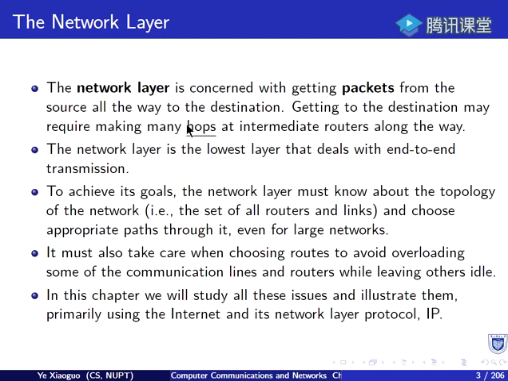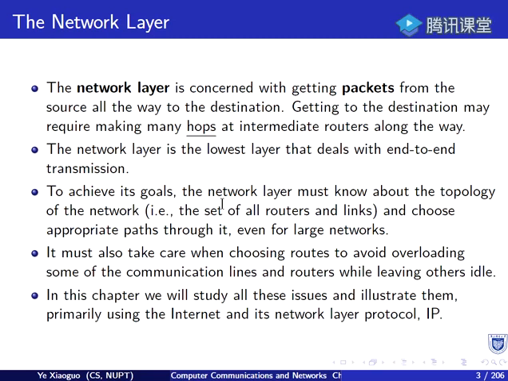The network layer is the lowest layer that deals with end-to-end transmission. To achieve its goals, the network layer must know about the topology of the network. Topology means the set of all routers and links, and it must choose appropriate paths through it.